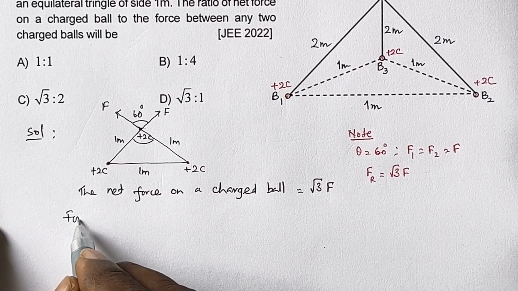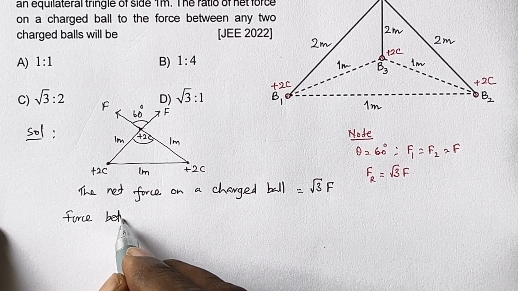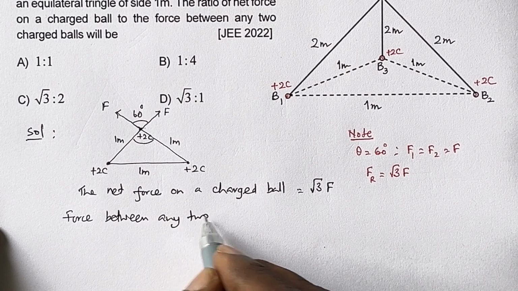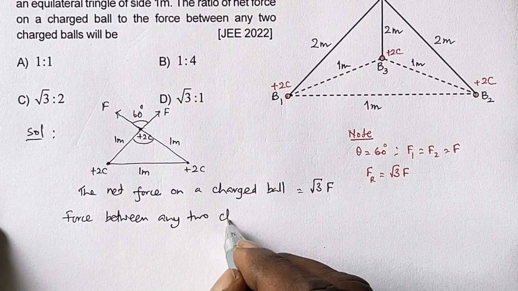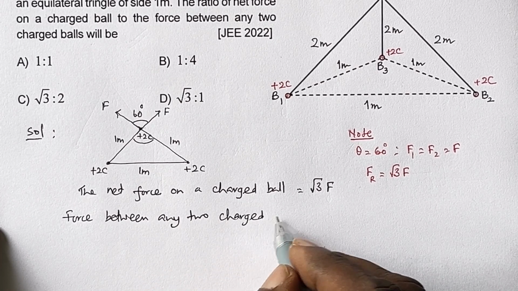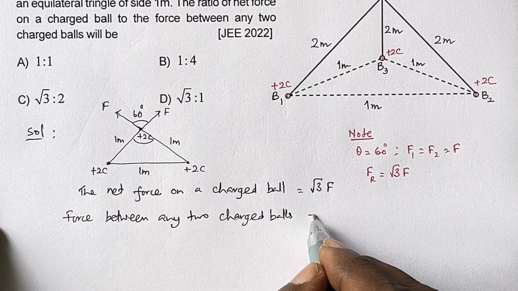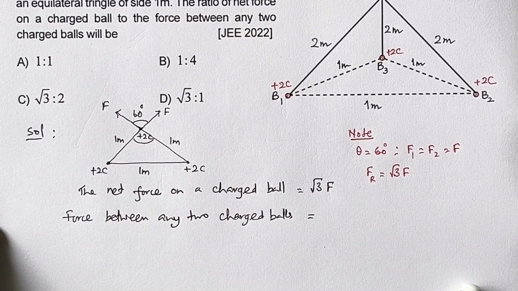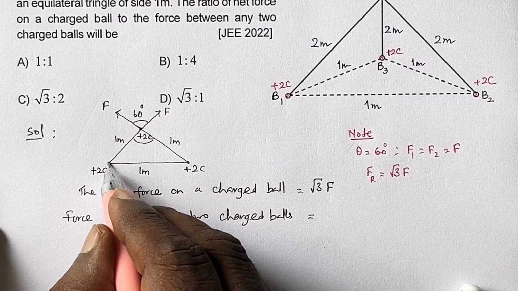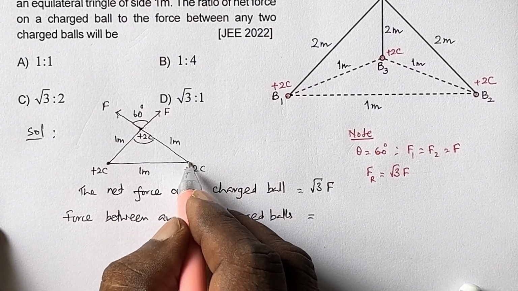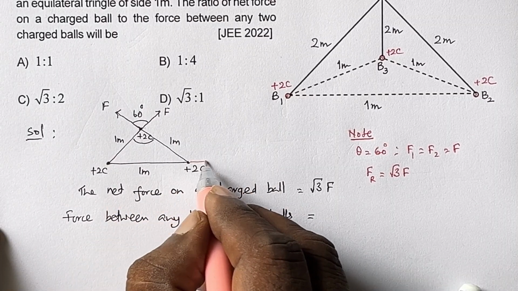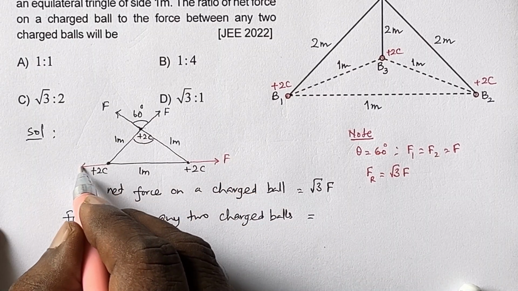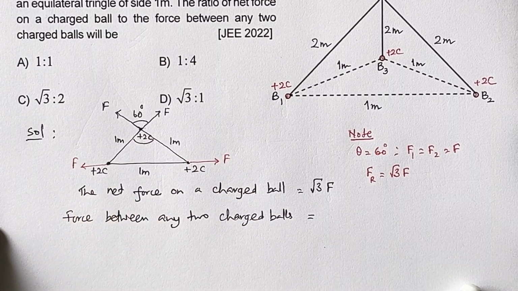Force between any two charged balls is equal to, see, any two. If we take these two, plus 2 and plus 2, same 1 meter distance, so this is the force acting on each one, right? So this is also F.